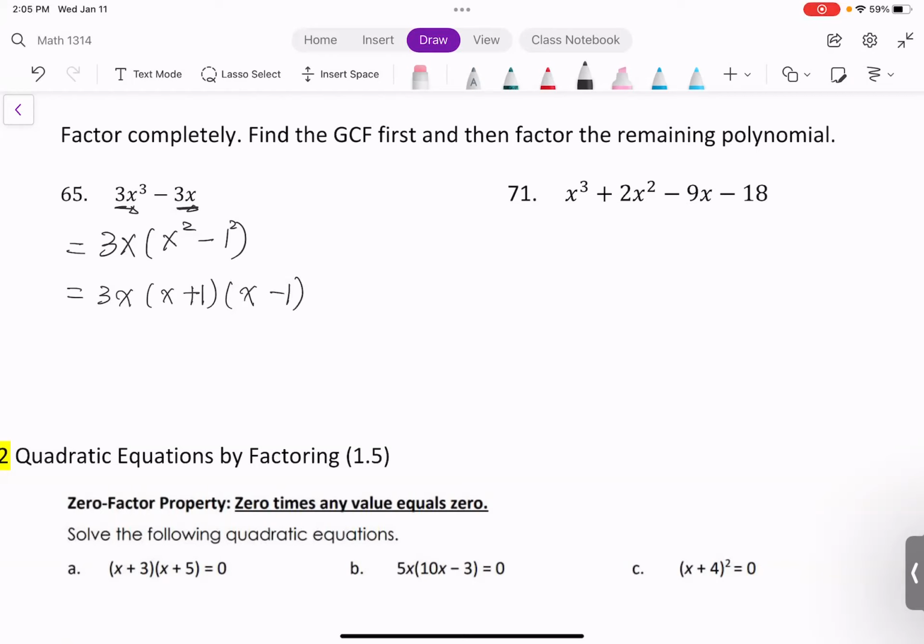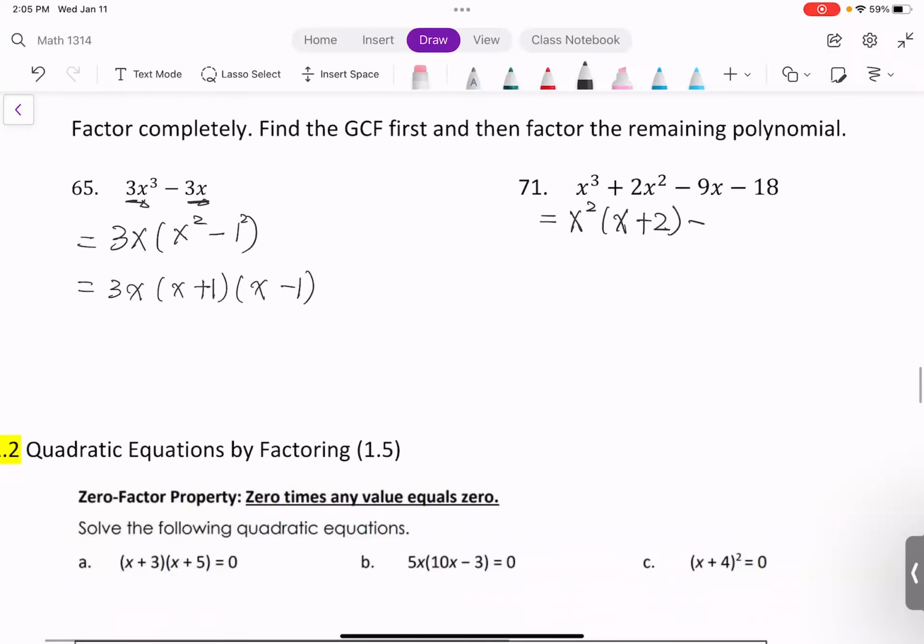Let's see the next example. There are 4 terms. That means we can use group factoring. So factor the GCF from the first 2 terms. I can factor out x squared. So x plus 2. Then factor out the GCF from the last 2. I can factor out the positive 9 because I want to create a positive x plus 2.